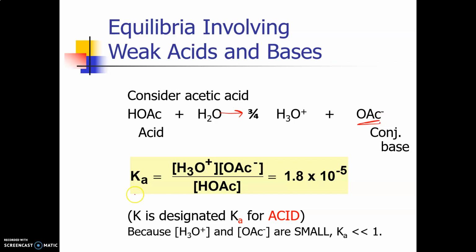If you calculate the Ka, you need the products divided by the reactant. There. So the K is designated Ka for a weak acid, because the concentrations of hydrogen and the conjugate base are small, which is smaller than 1. That's considered a weak acid.